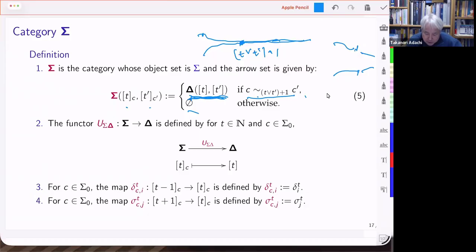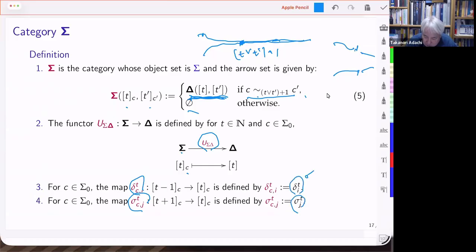Then naturally we can define the new functor U sigma delta, which is a forgetful functor from sigma to delta. Forgetful in category theory means to forget some structure, dropping some structure. In this case, the context. So we simply write these guys. It's coming from the original.